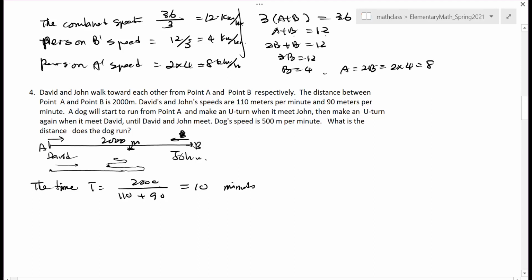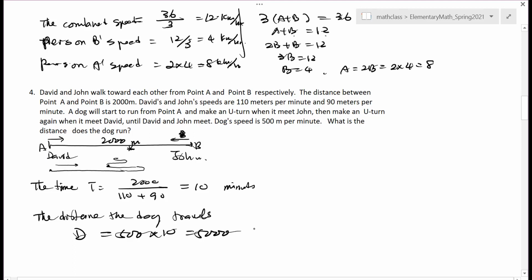So you have to look at the combined speed. In 10 minutes, in total they traveled 2,000 meters. So that is the time for the dog running, and the dog will stop in 10 minutes. So the distance the dog travels, D, uses that time you get from John and David: 500 times 10, so it's 5,000 meters.